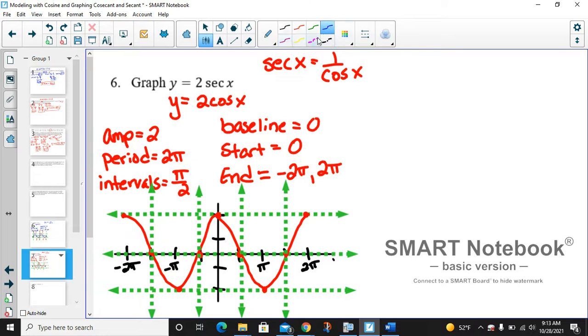Even when you have vertical shifts and things, you're still going to count your baseline as your zero, quote unquote. Wherever your baseline points are is always going to be where your vertical asymptotes are. So we just do the same thing that we did here.